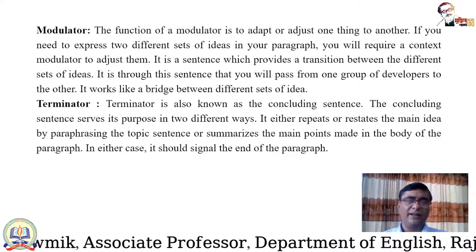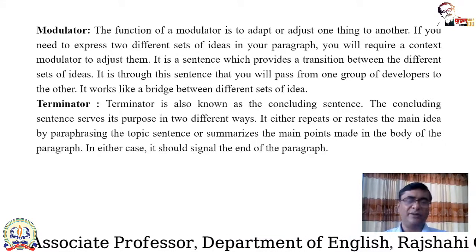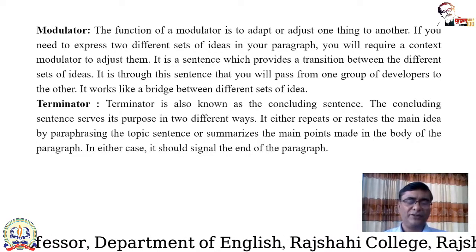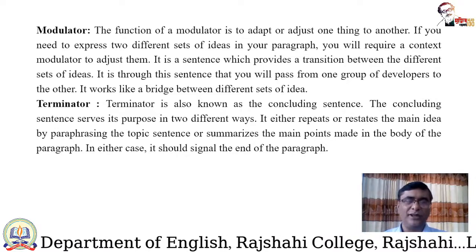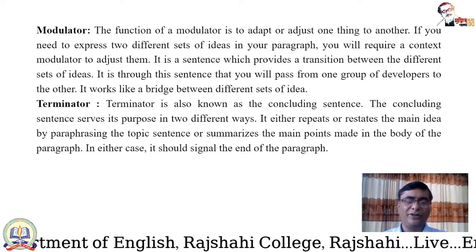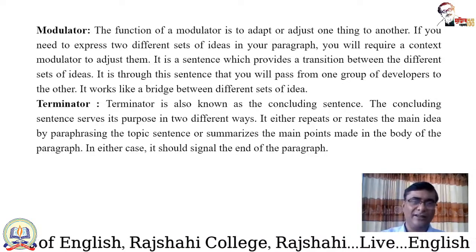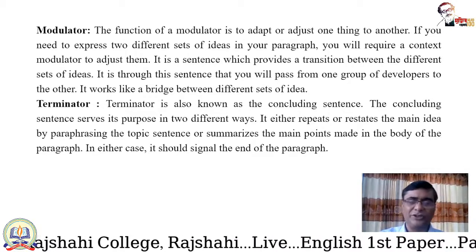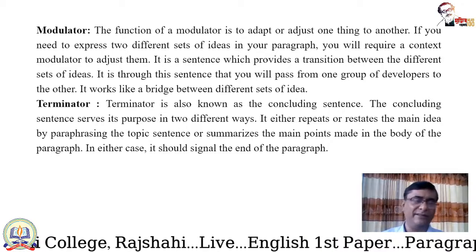When, apart from traffic jam, you are focusing on other social issues, you are basically using a modulator in order to shed light on the target paragraph, I mean the paragraph or the title on which you are writing.